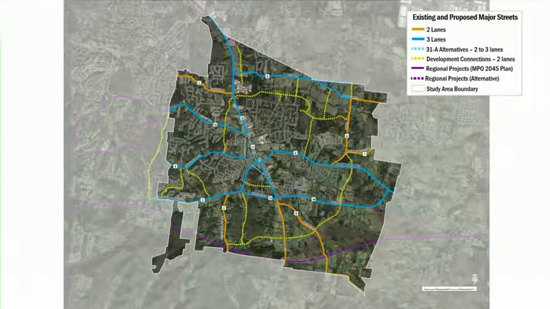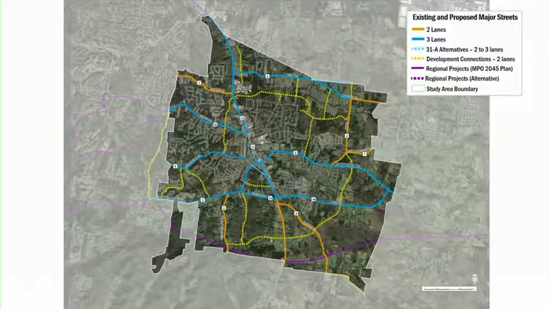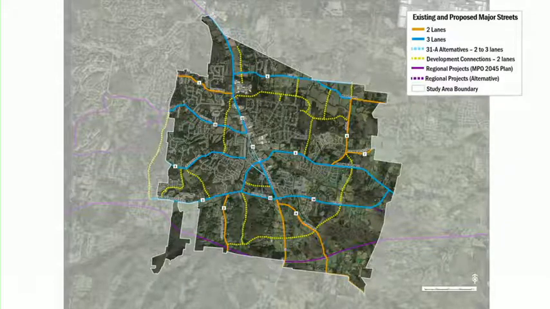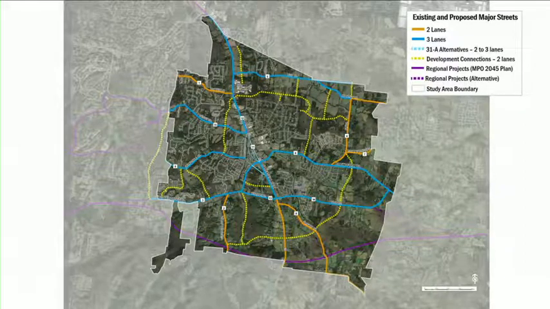Where are we expected to be with this area growing the way it's growing? Is what we're looking at sufficient, or do we need to be looking at something different? So we're trying to take that all into account to develop the appropriate plan.